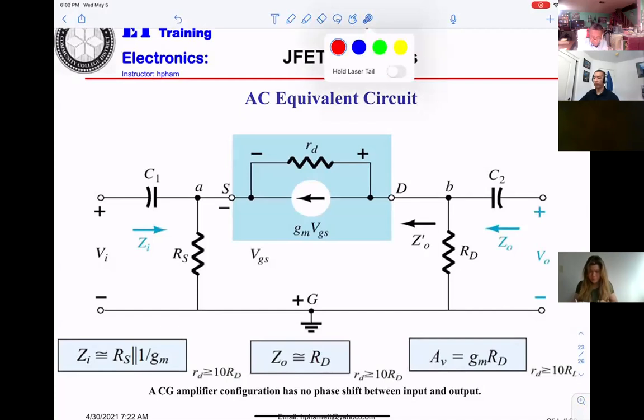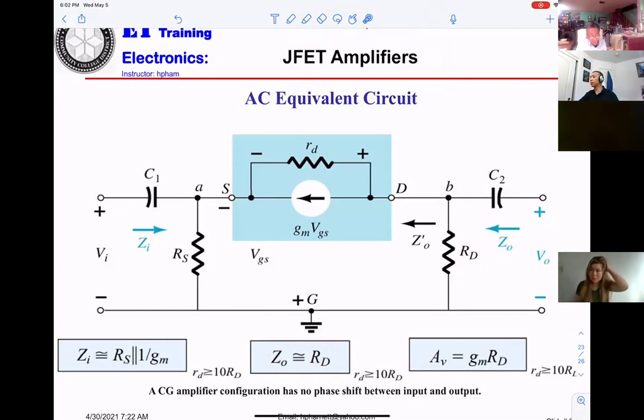Also the output impedance, looking into the amplifier, you get a big RD, so Zout equals big RD.